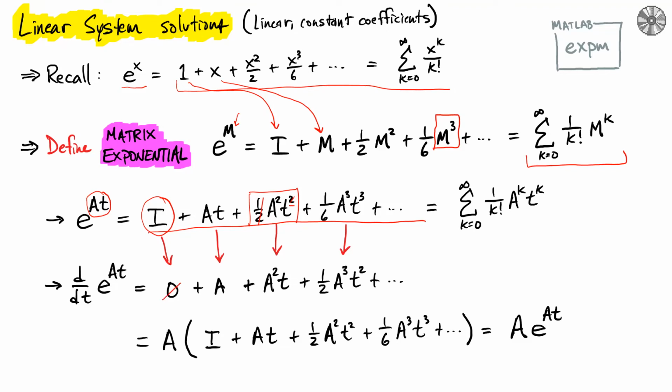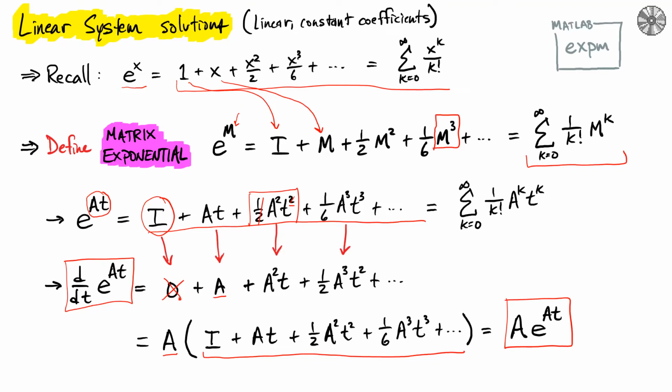If we forget this 0 element and factor out a factor of A out front, then what's left, because this is an infinite sequence, is an expression for e to the at again. And so the derivative of e to the at is simply A e to the at.